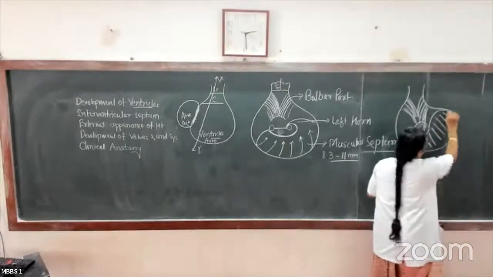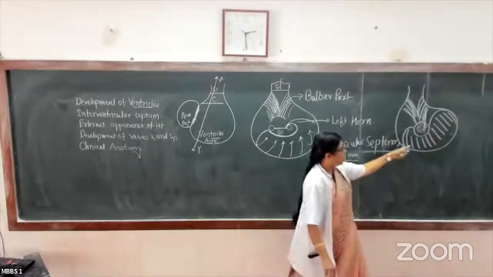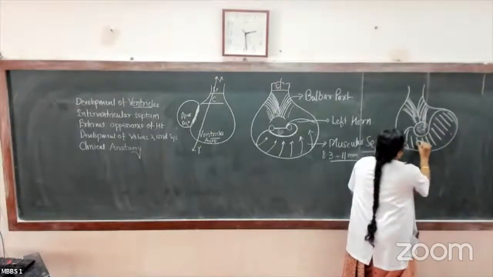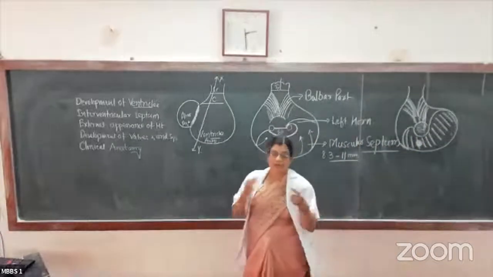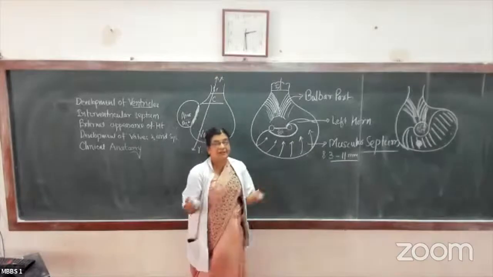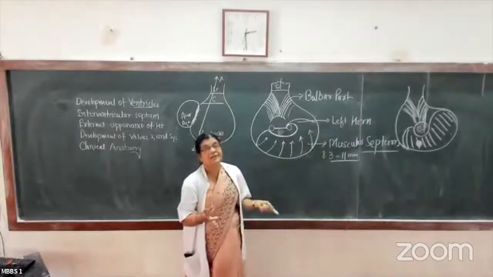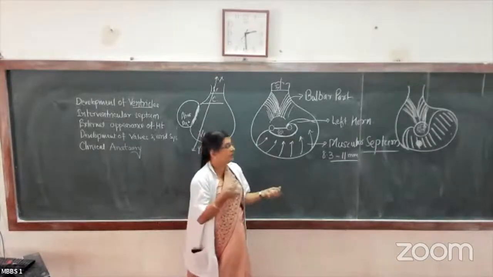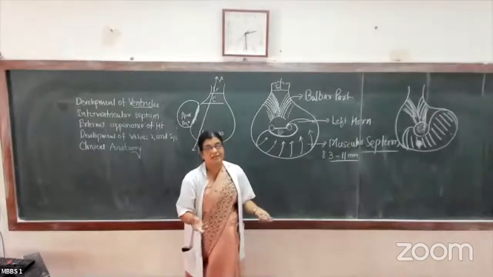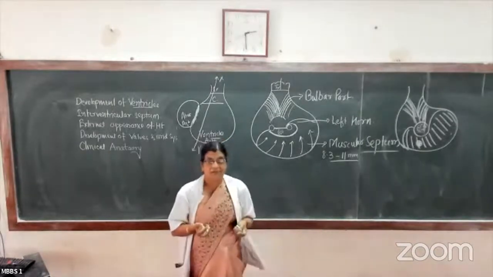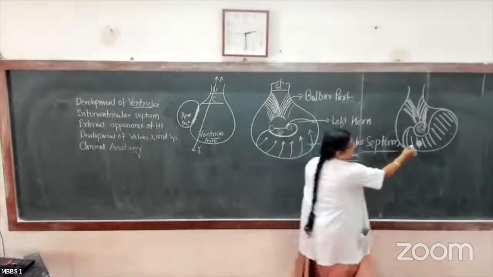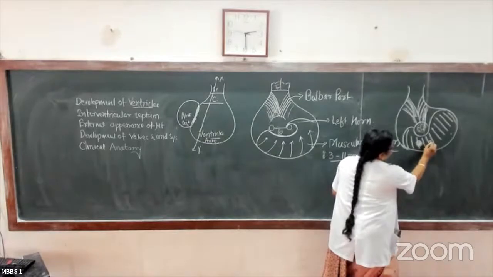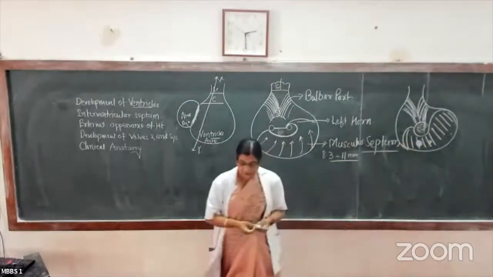So these are the three parts. There is a small orifice here. Depending on its size, there will be mixing of the blood. If the communication between right and left ventricle is large, deoxygenated and oxygenated blood will mix to a larger extent, so there will be cyanosis and it is incompatible with life. But if the orifice is very small, mixing is less, and that condition is compatible with life.